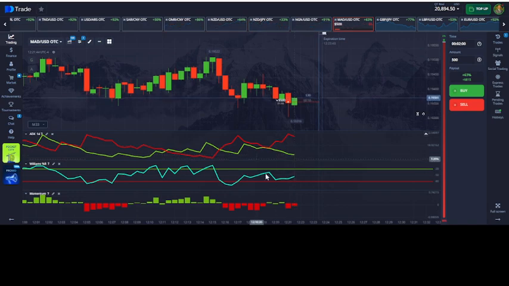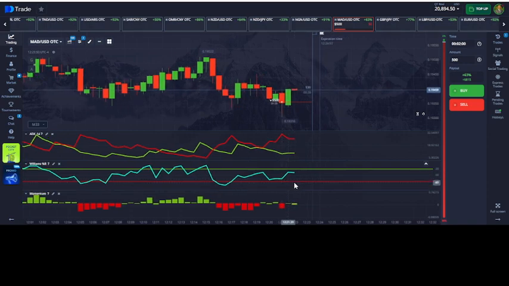And the Williams percent R line is moving downward here. It's sort of showing a push toward the red minus 80 line.